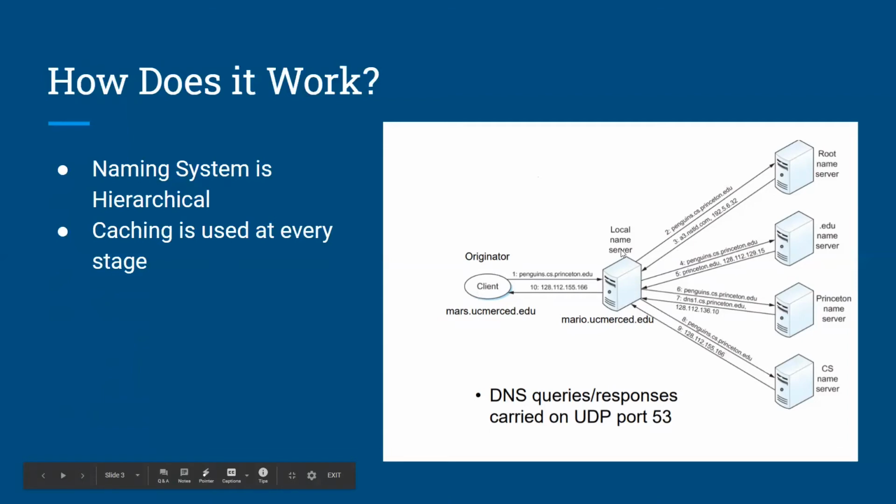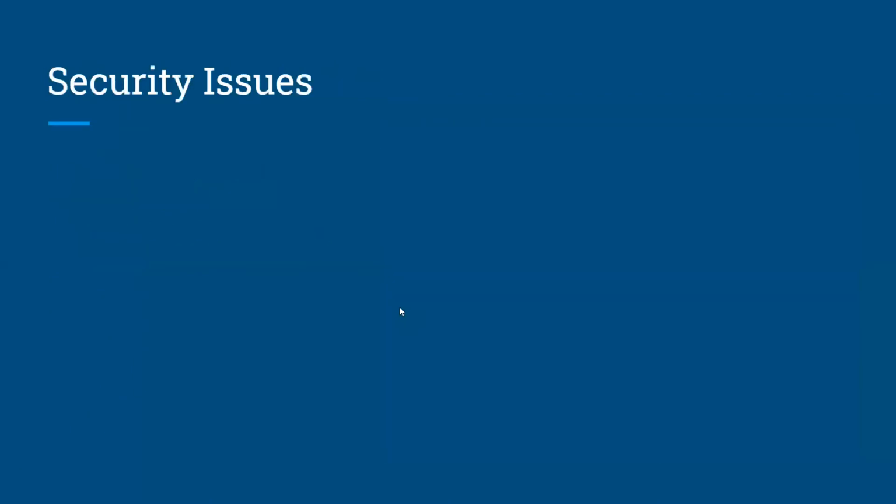It's also cached here and also cached here. In this cache, there's a field called TTL, time to live. It basically tells you how long that domain name is alive, as in you can use that domain name and that IP address to visit that web page.